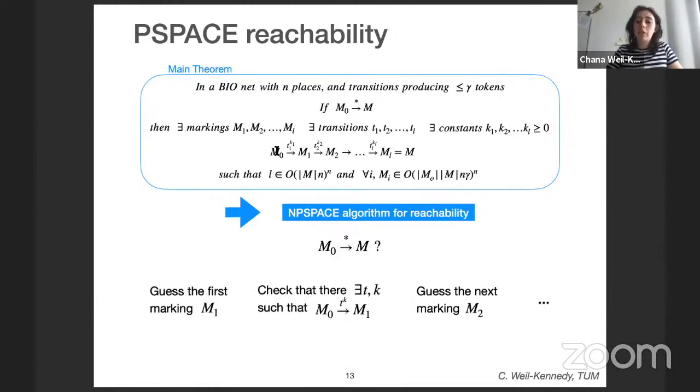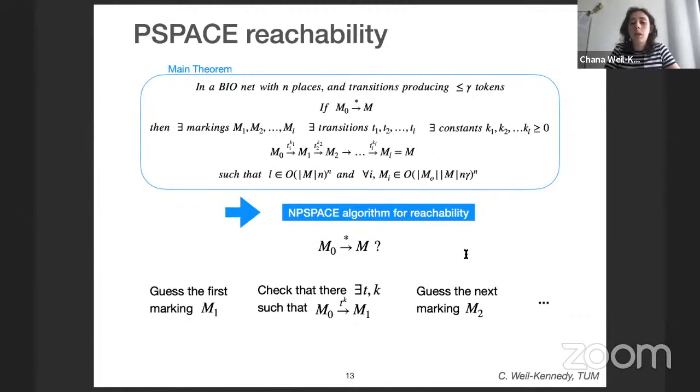We guess the first of these intermediate markings, M1. Then we check that there exists a transition of the net and a constant K such that M0 can go to M1 via T iterated K times. Then we guess the next marking M2. Then we check that we can go from M1 to M2, and so on and so forth. Why is it in PSPACE?